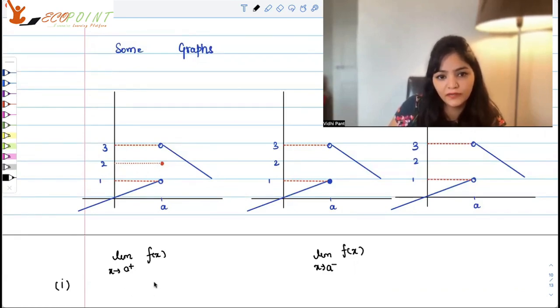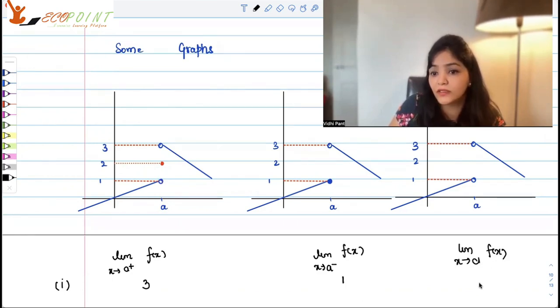So for the first graph, the RHL, the right-hand limit, is clearly, can you see the function is approaching 3 from the right. And the function clearly is approaching 1 from the left. Clearly, the limit as x tends to a of f(x) does not exist in this case, right?